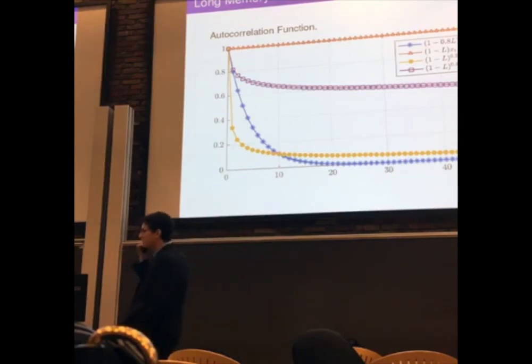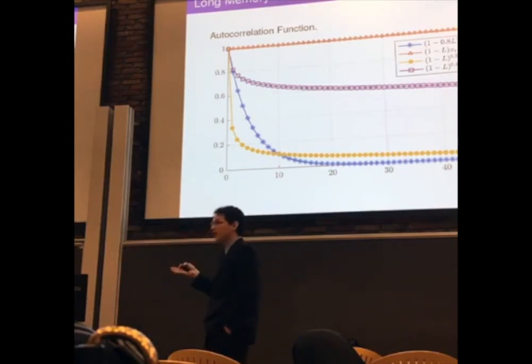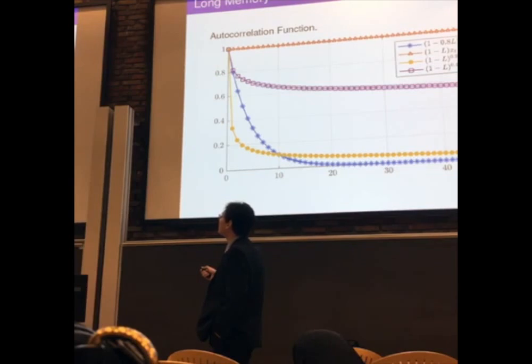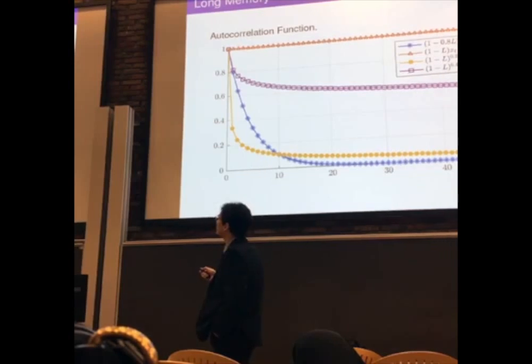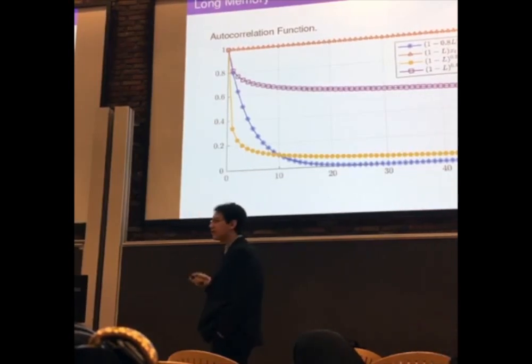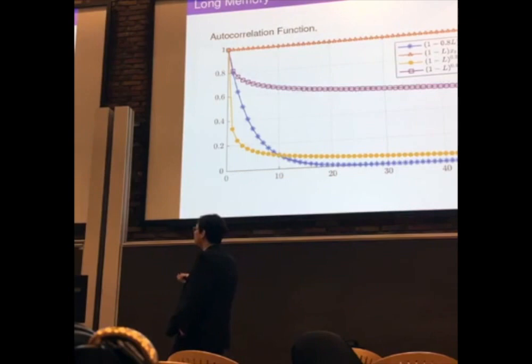Then when Granger did his results, we realized we may have something in the middle, and that's what long memory models try to capture. That's what we obtain when we take fractional differences. Instead of just the pure difference, we apply an exponent to that difference. What we obtain with that can be seen in the yellow and the purple lines. We obtain something that goes to zero.